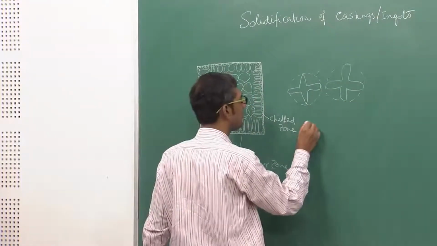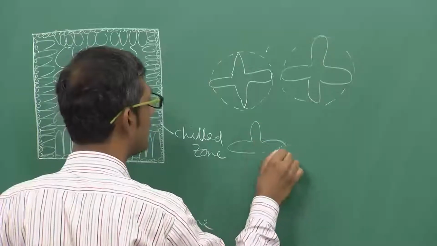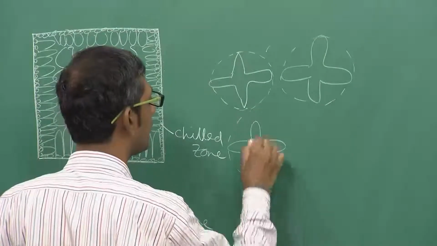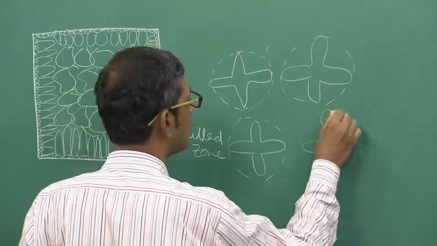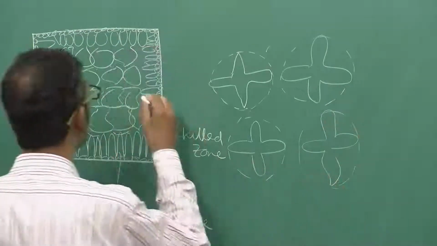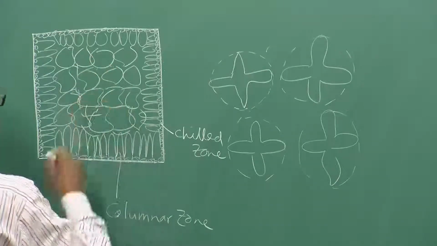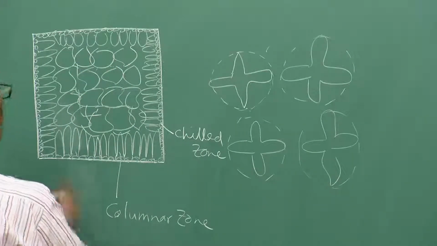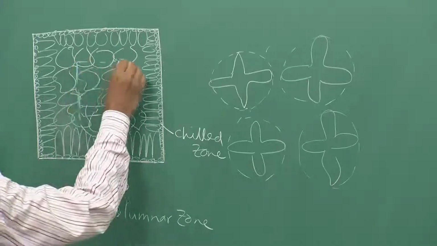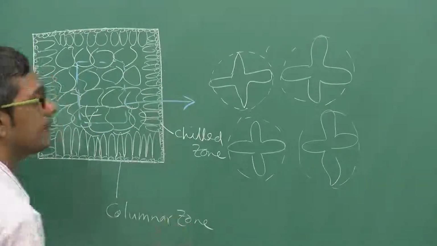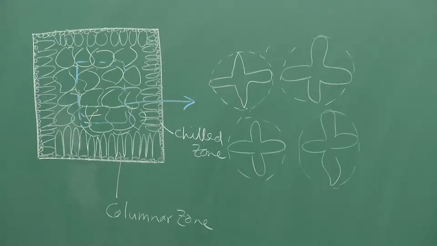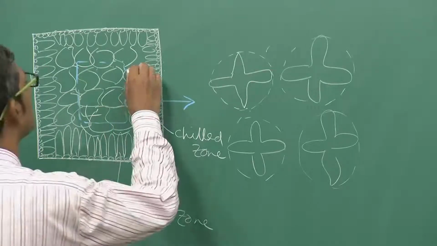You can similarly draw another one. Another one. So the central part, if I draw it here in color, that is what is shown here. Therefore this zone is known as the equiaxed zone.